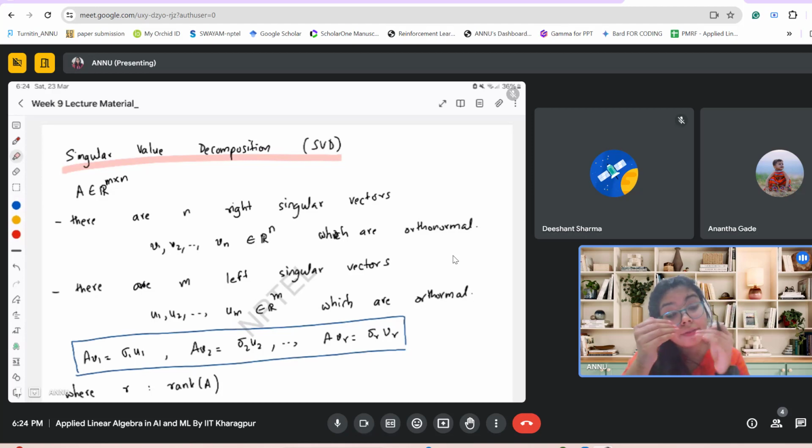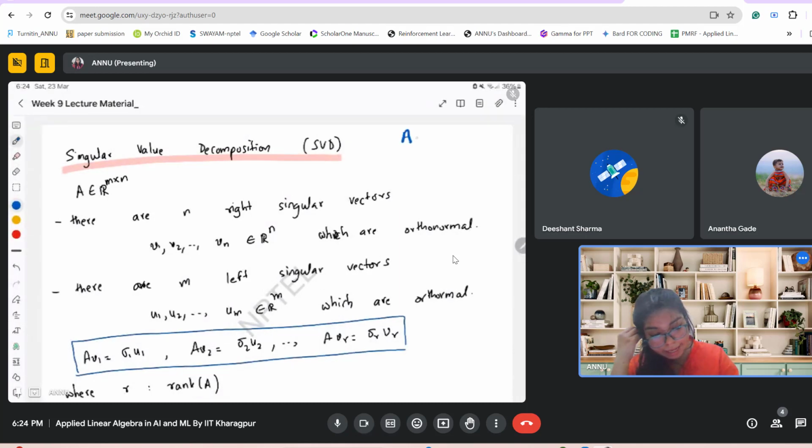Then we further defined that P inverse will be P transpose in the case of symmetric matrices. On top of it, similarly the positive semi-definite matrices come, and in that also P transpose equals P inverse. Orthogonal matrices also have transpose equal to inverse. So I'm trying to relate this with the previous one.